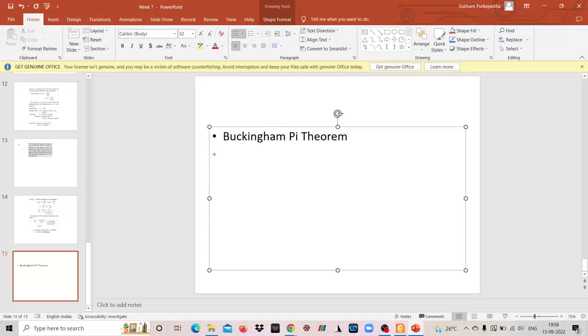Then dimensional similarity. It may be dynamic similarity, geometric similarity, or kinematic similarity, but dimensional similarity. Then before model laws we have the non-dimensional numbers, and after that we have the model laws. So these things are very important.